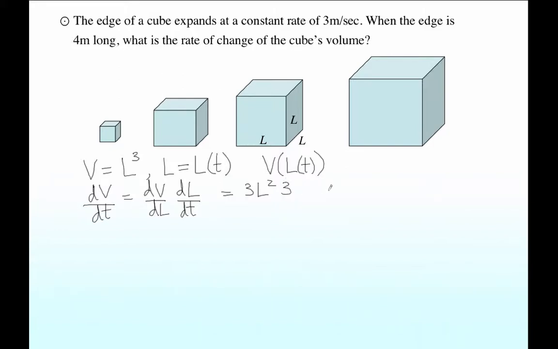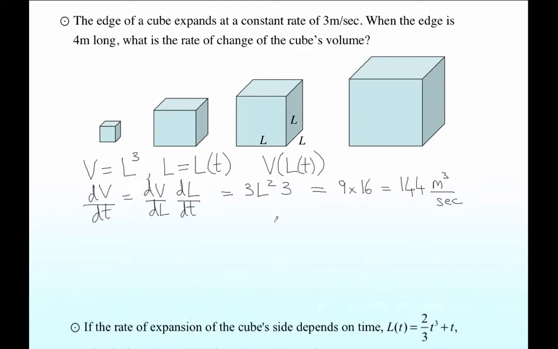So we'll just write 3, write the units later. And when L is 4 meters, this is 9 times 4 squared, that is to say 16, and this is 144. Now we must put in the units, and this is, of course, meters cubed divided by second.